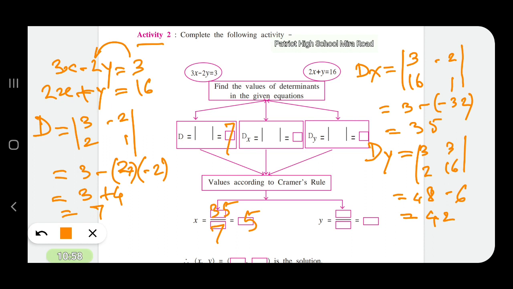Dy is 42. So we take 42 in the numerator, and D is 7. So 42 divided by 7 is 6. So the values of x and y are 5 and 6. So this is the solution.